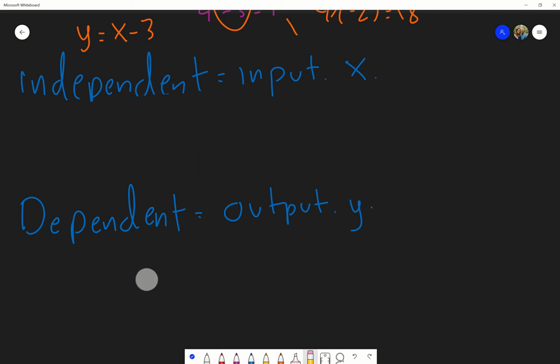Okay, so that is independent and dependent. You're going to be finding different instances where independent and dependent variables are changing each other.